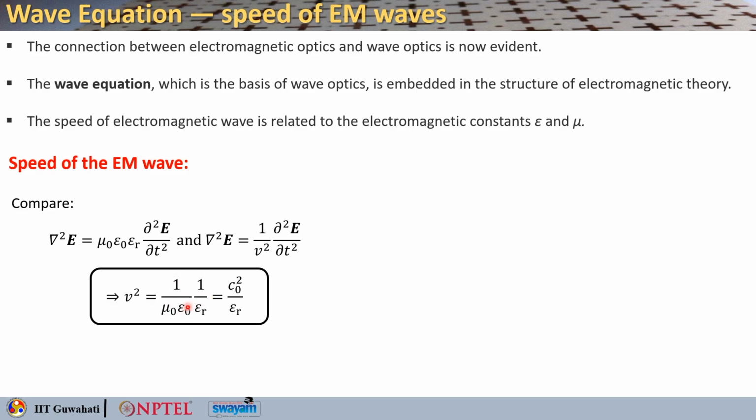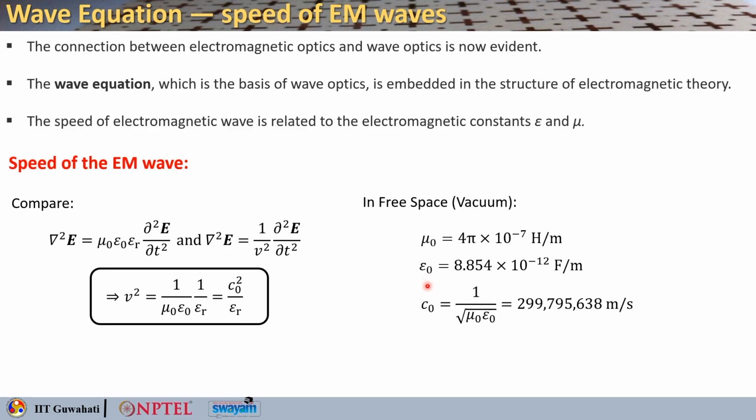So, this first ratio is basically c square, that is the speed of light in vacuum. So, c square divided by epsilon r, right. So, you have these values, these are the constants people use, mu naught and epsilon naught, and from that you can obtain c naught, which comes out to be very close to 3 into 10 to the power 8 meter per second.